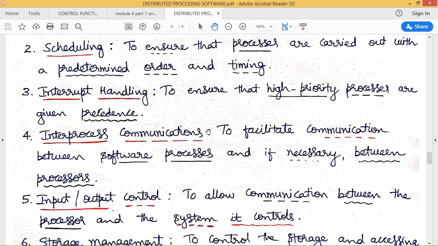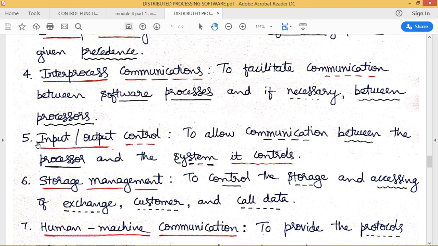provided by the exchange. And also input output control is required, to allow communication between the processor and the system. Between the processor and the end system, whatever controlling is taking place, communication should take place. Of course, the system is taking input as well as providing outputs, and the system operation or system control will be decided by the processor.